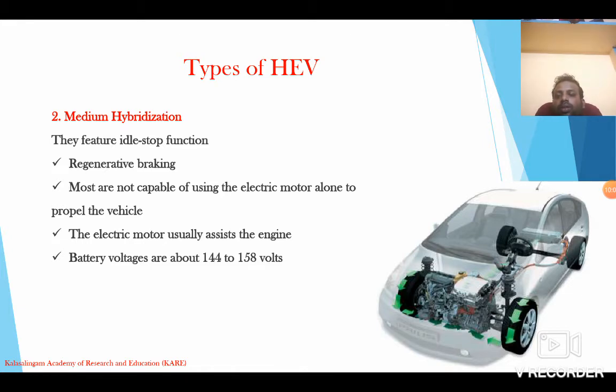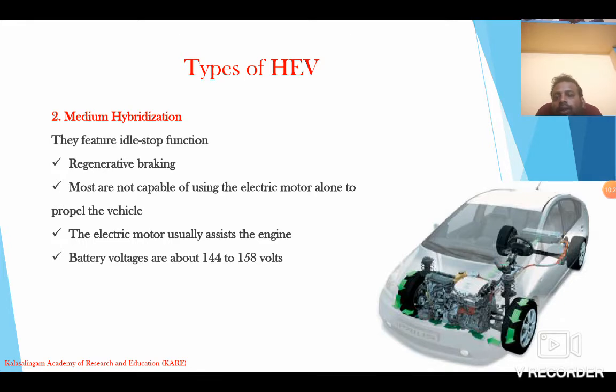And the second thing is medium hybridization. This kind of vehicle has a much higher capacity battery, as well as a highly efficient motor, right? In medium hybridization, the vehicle is propelled by means of the electrical drive at a medium speed, right?